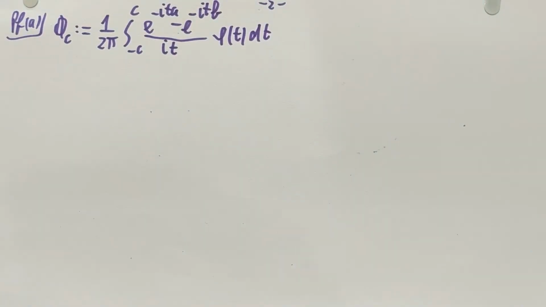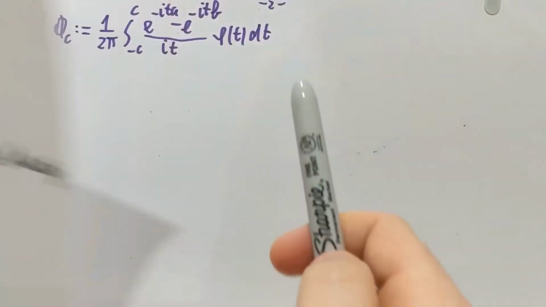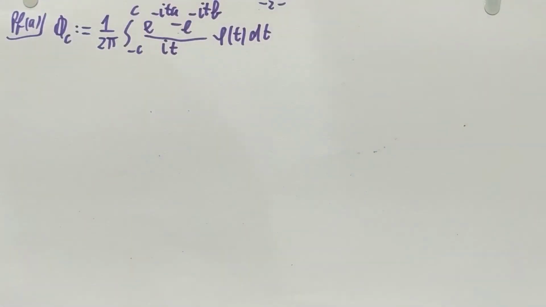Notice that in the statement of the inversion formula, we're exactly taking the limit of this function. So eventually we'll take the limit of this function, but for the first part I'm going to fix c, and I'm going to just ask questions about this particular function.